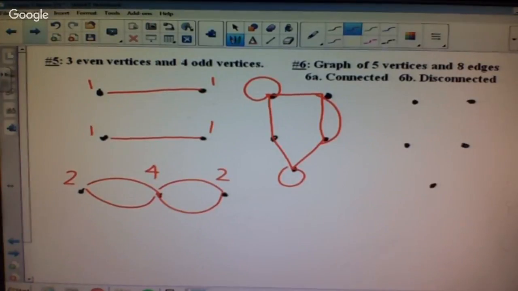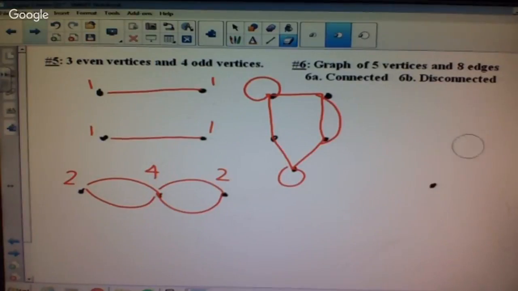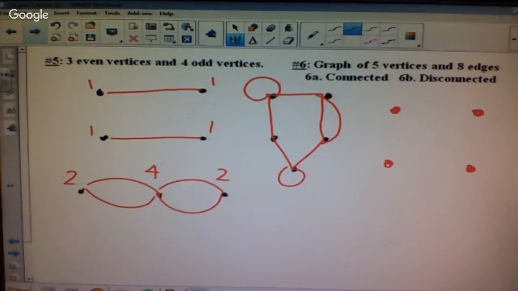I need a disconnected one. So 1, 2, that's awful. Oh my goodness, completely awful. Let's try this again. One, 2, 3. Okay, so there's 3 edges.